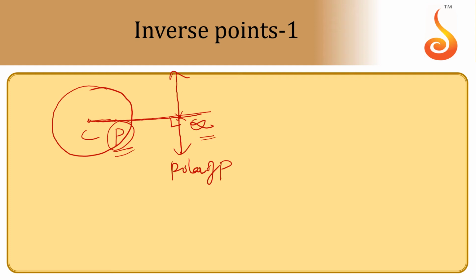I can define inverse points like this. Simply, if P is the given point and C is the center of the circle, the point where the line CP meets the polar of P is called the inverse point of P with respect to the circle. So that is the inverse point.